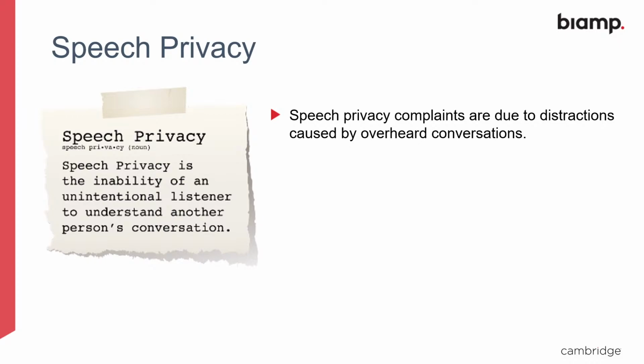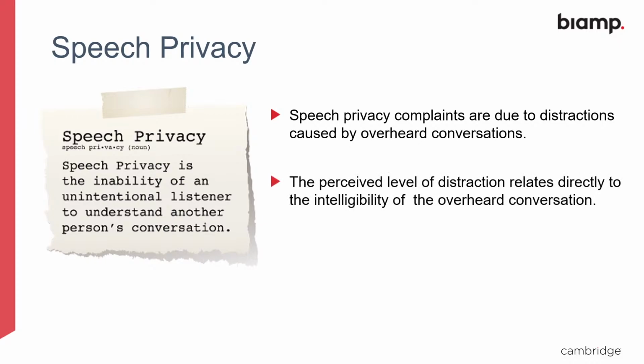Right. Okay. And as you can see, speech privacy complaints are due to distractions caused by overheard conversations. And you know how true that is? Have you ever tried to talk to someone and have a conversation with them, but there's something in the background that just keeps grabbing your attention? You struggle to get across what you want to say because you're being distracted by that noise in the background. Okay, that makes perfect sense.